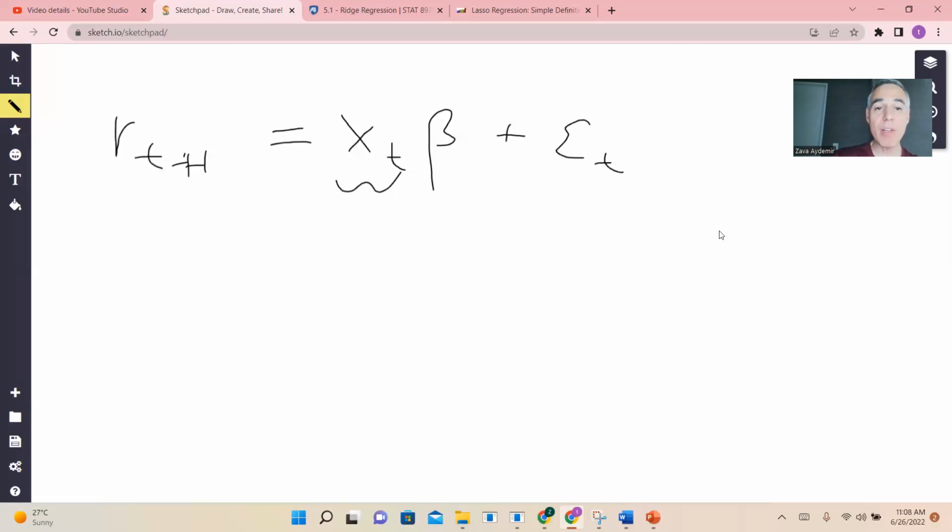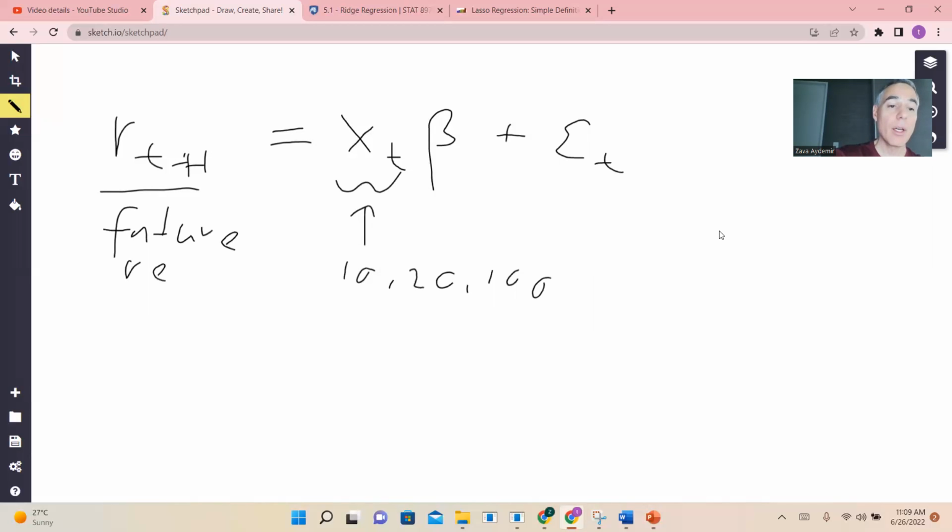But once you have very, very rich data here, let's say 10 or 20 or even 100 factors or explanatory variables to predict future returns, the problem with that is that you actually may be overfitting your model.